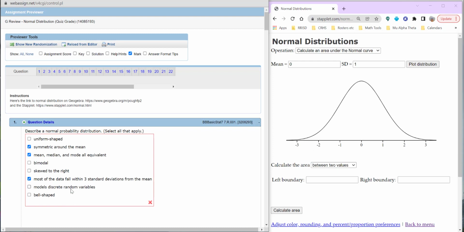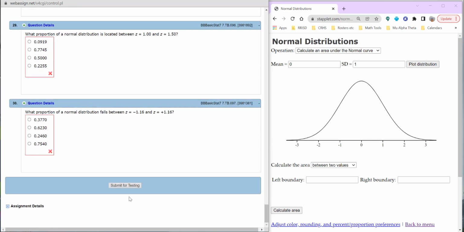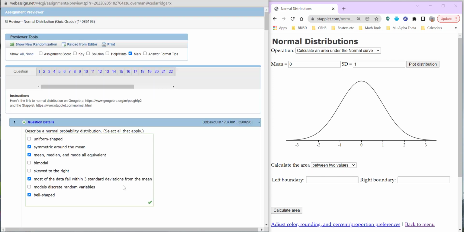I'm going to say no on the models discrete random variables. I mean, it can if your sample size is big enough. It is bell-shaped, so this is the only one I'm not sure about. You could say that, but usually it's not for discrete. It's really continuous, so I'm fairly certain that that's going to come back as exactly right.